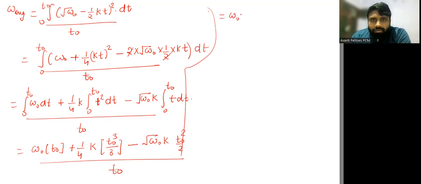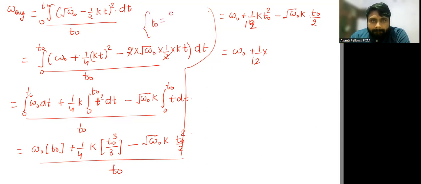So it will become omega naught plus 1 by 4 times k into t naught square, and this will become 1 by 12, 4 into 3, t naught square, plus, sorry, minus root omega naught into k into t naught by 2. Now this is omega naught plus 1 by 12 k, put the value of t naught, so t naught is nothing but 2 root omega naught divided by k.